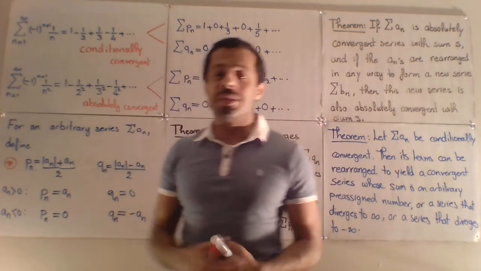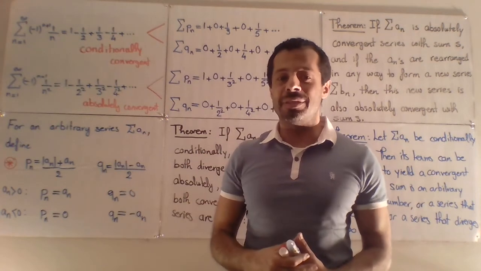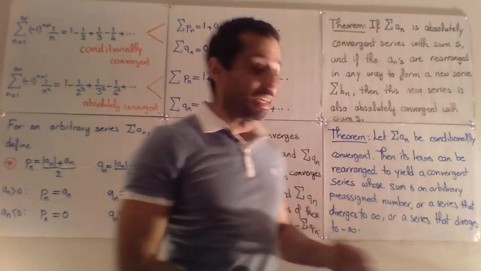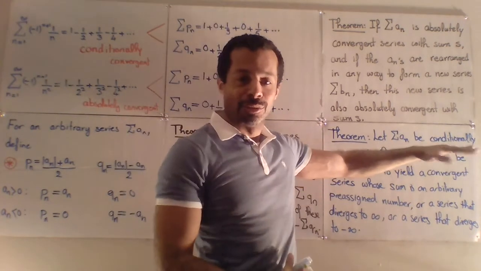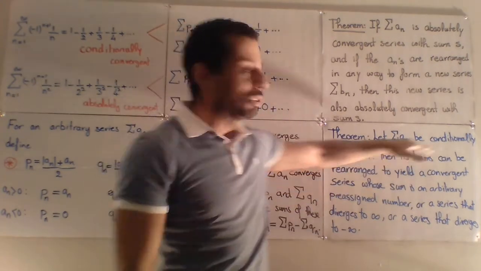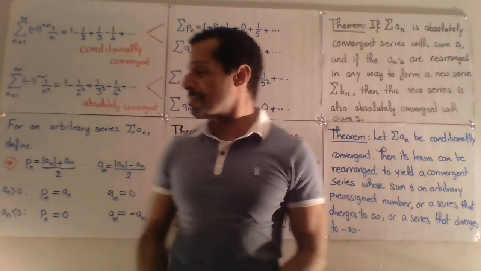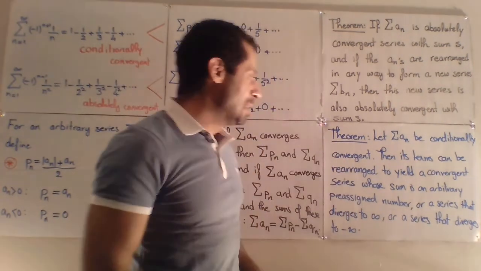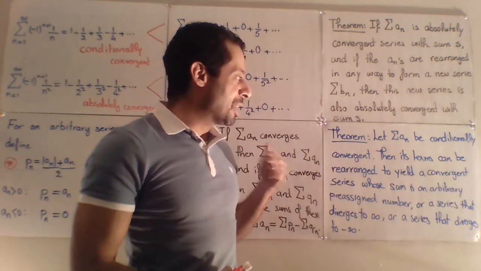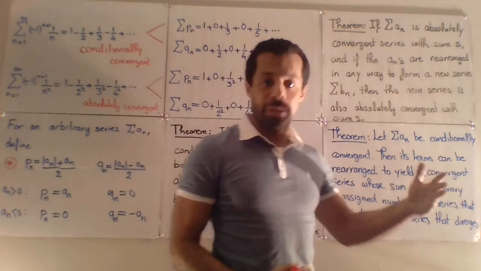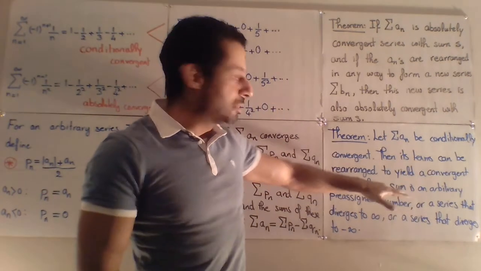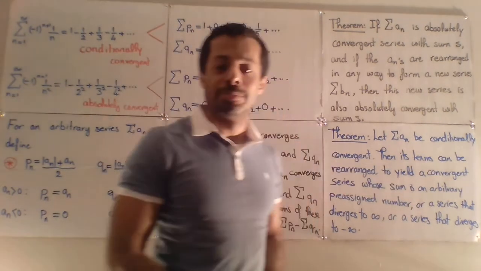It turns out that what we did here is not special about this series. We have the following surprising and strong result: if you start with any conditionally convergent series, like the first series here, and I give you any number, then you can rearrange its terms to yield another convergent series whose sum is that number.